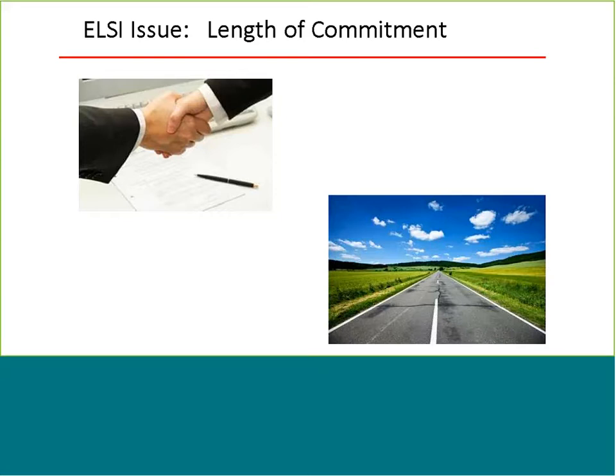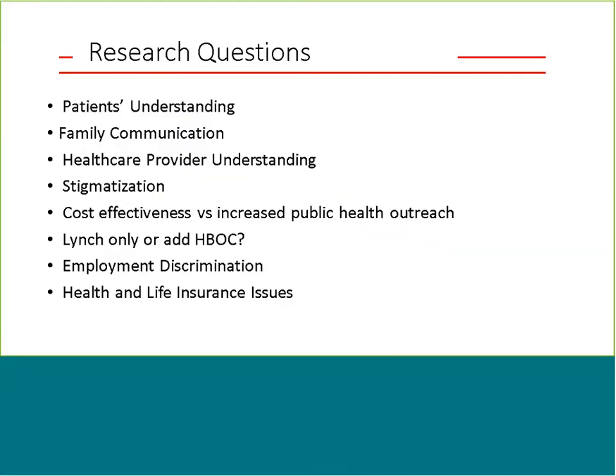So I just touched on the kinds of things you want to be thinking about as you decide what this is. This is different from research opportunities, and I'm going to put up the research opportunities that would arise in a large project like this. How do patients understand this material?